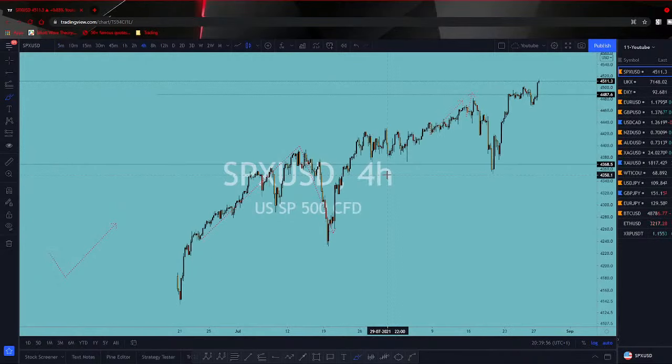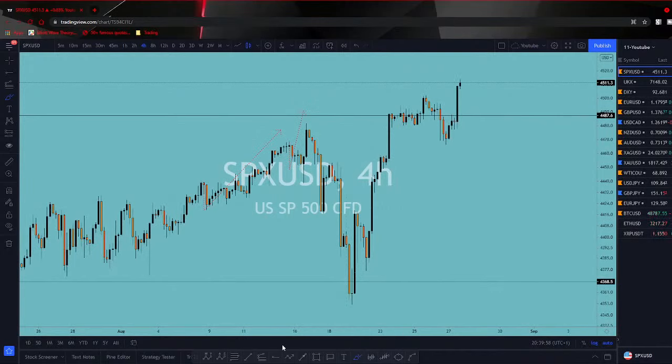The 4 hour. That's something that I create, targeting the highs, even though we broke this, but we respected this area. So I'm looking towards something like this. 3 waves, 45, 30, 45, 50.